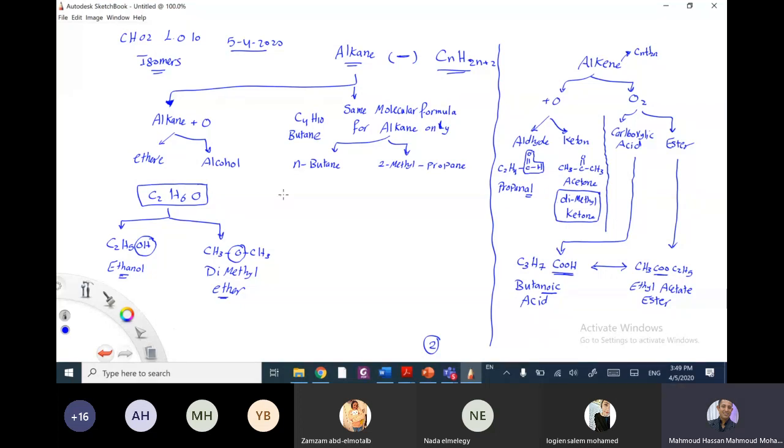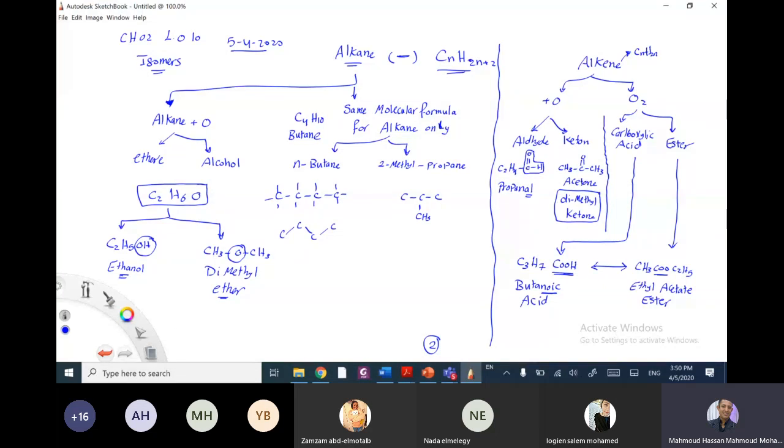In butane, it means C, C, C, C; the sides take 3H and the middle takes 2H. Sometimes in the references we find the carbons drawn in a shape like this, taking consideration of the angles between the atoms. No problem in this case. But for this, it will be propane, and this carbon is called the CH3.